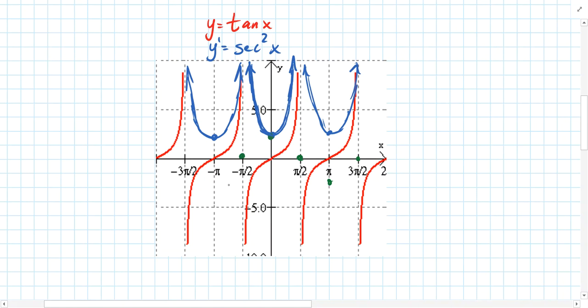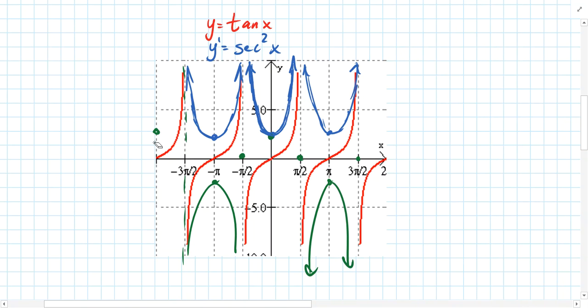If you recall this from our Trig class last year, our secant function shares all the same data points as our cosine function, but anywhere that the cosine function would have struck the x-axis, that created a vertical asymptote, and wherever the cosine function was below the x-axis, that created a downward-facing U shape.